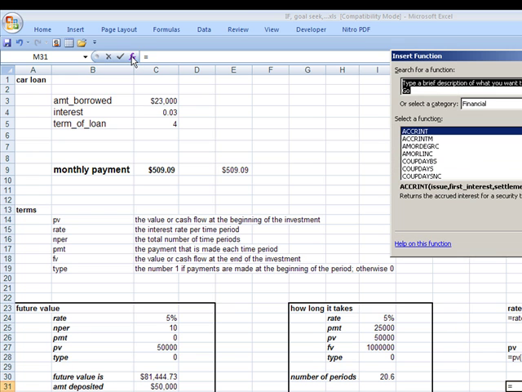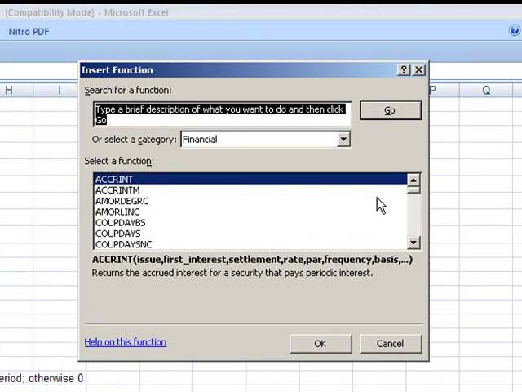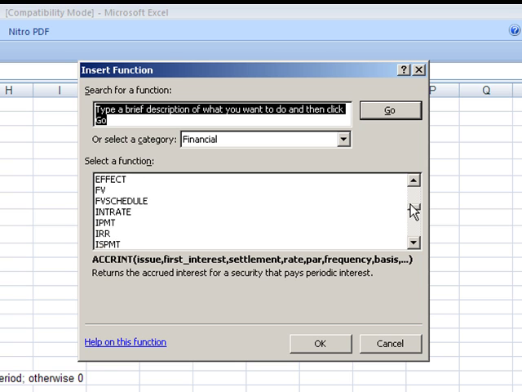These are just a few of the many financial functions. As we saw earlier, if we'd like to see a list of them, just click on f of x and take a look at so many functions that exist in Excel. Let's just check the few that we looked at. You can go down to the payment function, the PMT. That's only one of many.